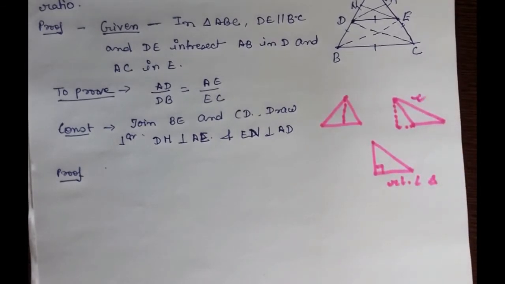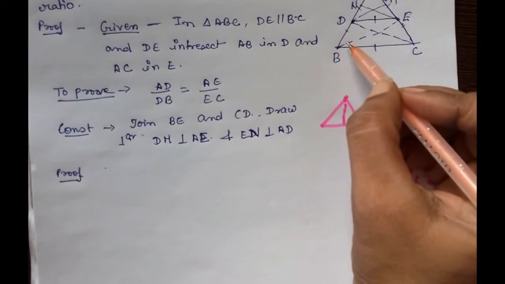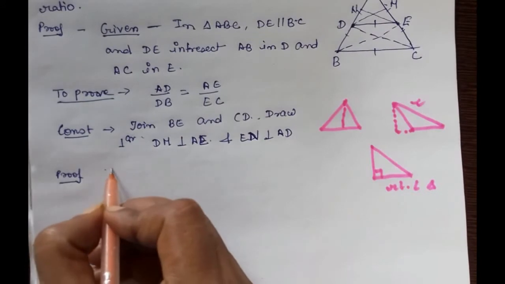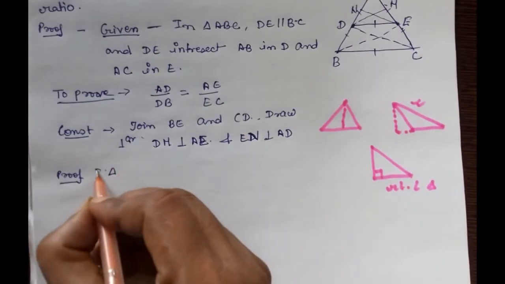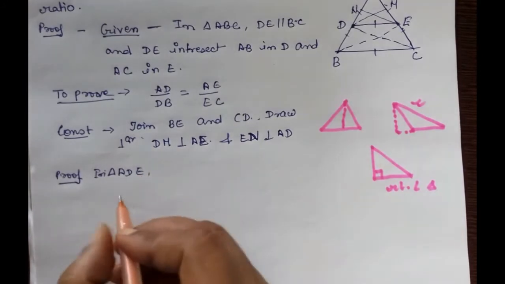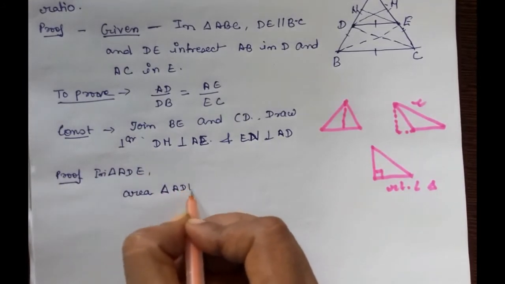Now see the things. What triangle do we take? We take triangle ADE. What is its area? Area of triangle ADE.